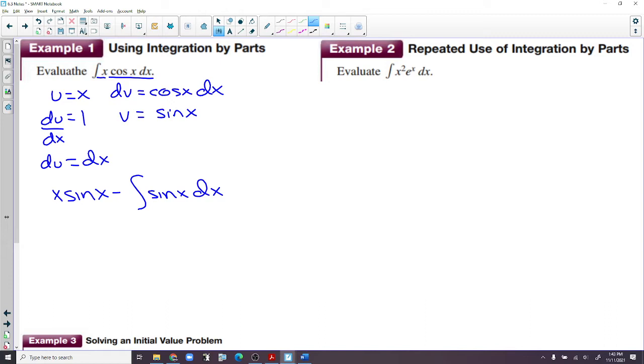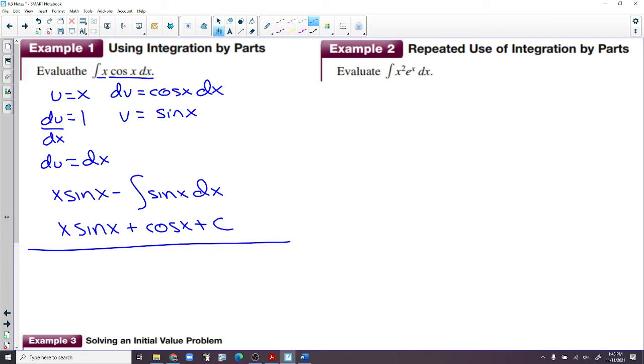And the question is, do we end up with something that we can integrate? Sure, I know how to integrate sine. So this is x sine of x, and the integral of sine of x is negative cosine, so that's plus cosine of x plus c.